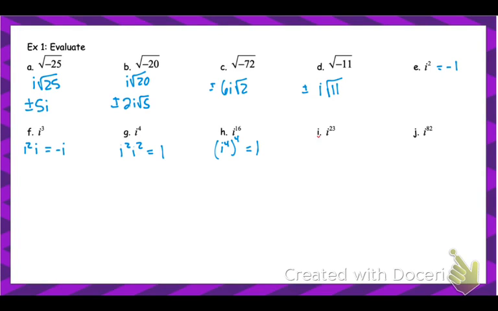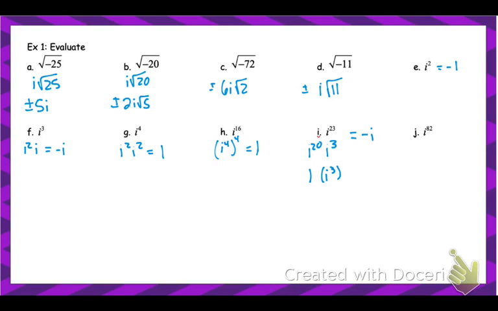So what we want to do is look for the closest multiple of 4 without going over. So in this case, that's i to the 20th. Well, that makes this the same thing as i to the 20th times i to the 3rd, which means that this is 1 times i to the 3rd. And i to the 3rd, we know, is negative i. So i to the 23rd is just negative i.